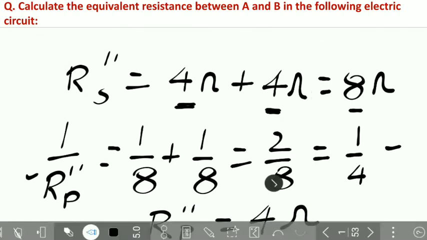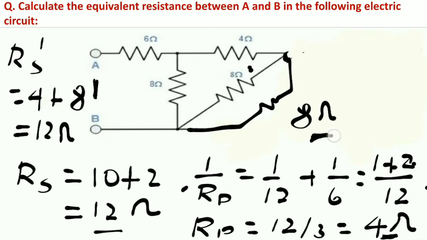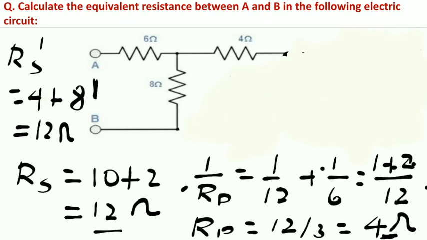So the resultant of this 8 ohm and this 8 ohm is 4 ohm. So let us remove these two and place the value of resultant. So we have removed these two resistors and the resultant of them is 4 ohm. So let us place here 4 ohm.